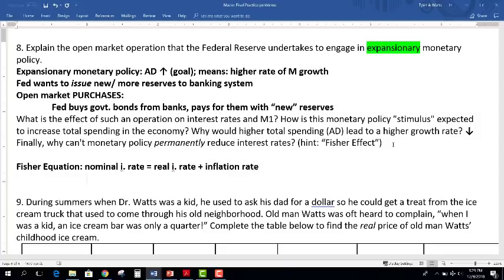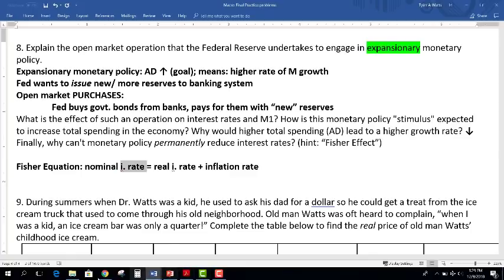Okay, so if the Fed pushes nominal interest rates down by issuing more money, a higher rate of money growth, well, more money will eventually cause inflation, right? So if I increase the inflation rate, I'm going to tack that on to the actual real interest rate and increase the nominal interest rate. Okay.